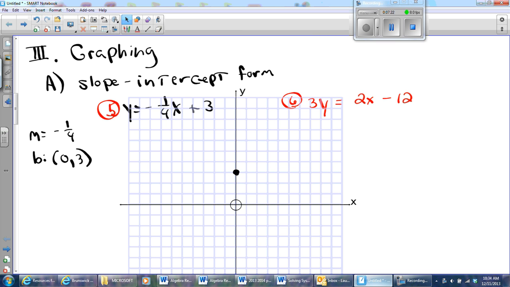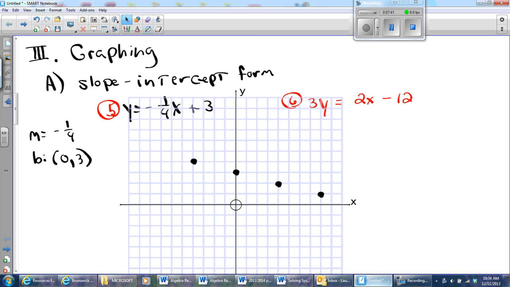So the negative 1/4, I can go down 1, right 1, 2, 3, 4. I could do another one from there and go down 1, right 1, 2, 3, 4. Or I could have changed the negative to a 1 over negative 4, which means I'd go up 1 and back 1, 2, 3, 4.